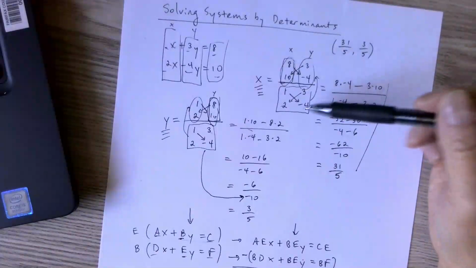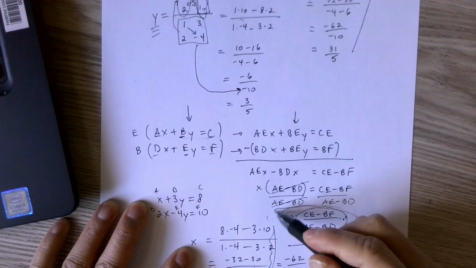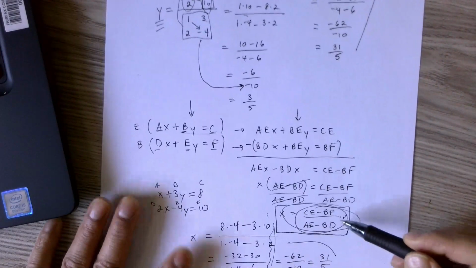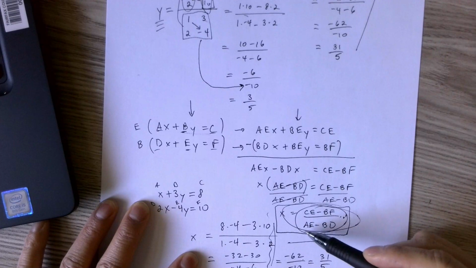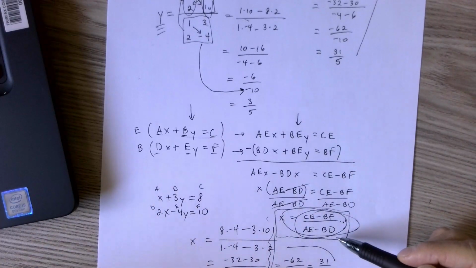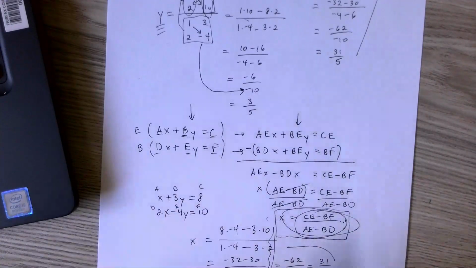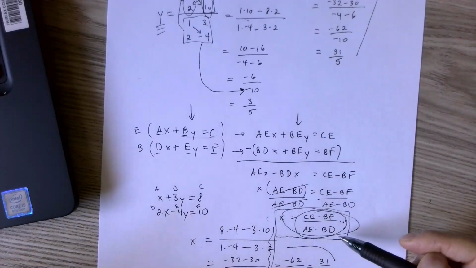So why do we even do this stuff if it comes from linear combination? Well, the reason is, if you look at this formula CE minus BF over AE minus BD, it's hard to memorize. There's no pattern here, seemingly. It's sort of like a phone number that has random numbers and none of the numbers repeat. It's harder to remember than a phone number that has a pattern or has repeating digits.